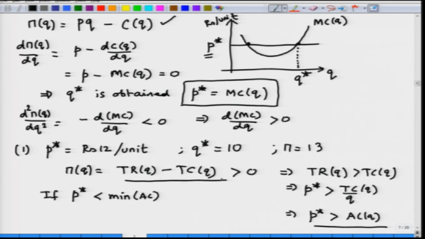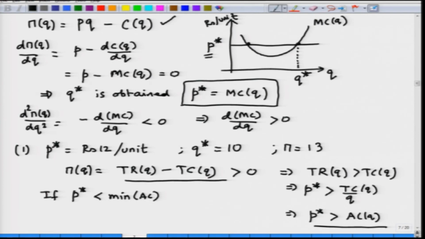In other words, the firm's profit is always going to be positive as long as P star is greater than the average cost. If P star is less than the minimum average cost, the firm's profit is going to be negative. Okay. We'll keep this in mind because it's going to tell us something useful.